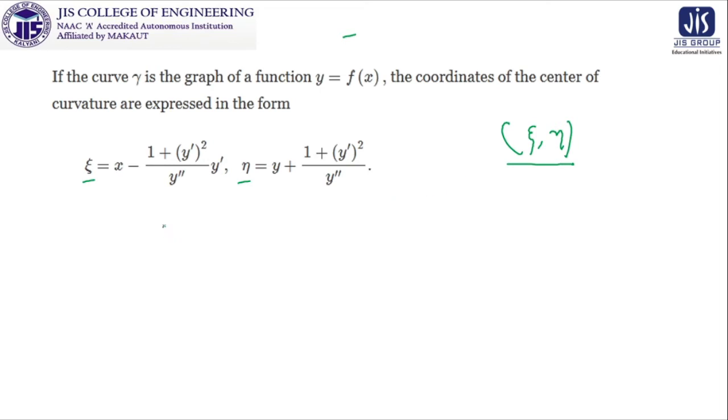So if x, y, all these are known, the y equal to f(x) relationship is known, we can find out y dash, y double dash, and putting them in these expressions we can find out eta and neta, and from this, eliminating x and y from these two equations, we will get a relationship between eta and neta. This is going to be the equation of the evolute.